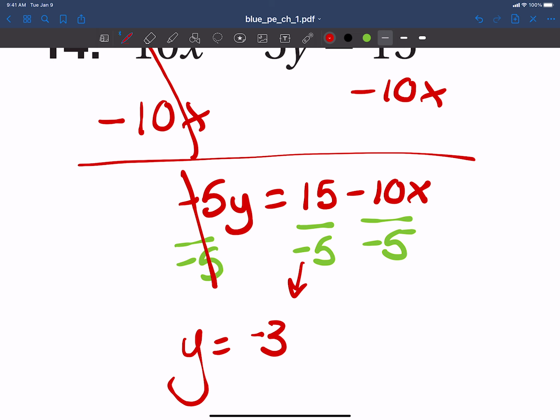Etta knows it. -3 plus 2x. Good job. Etta says a negative divided by a negative is a positive, and then 10 divided by 5 is 2. And then always bring down your little buddy, right? Can't forget that. If you just wrote this, it's wrong. Very wrong. Remember that little guy.